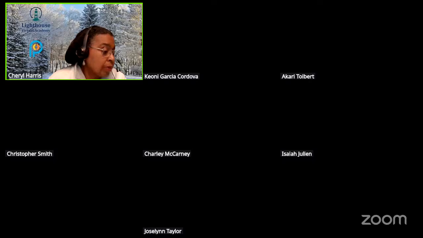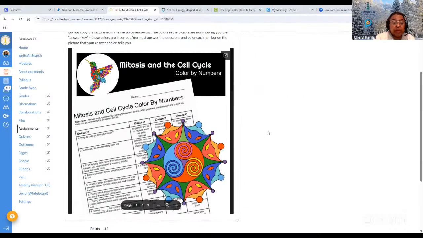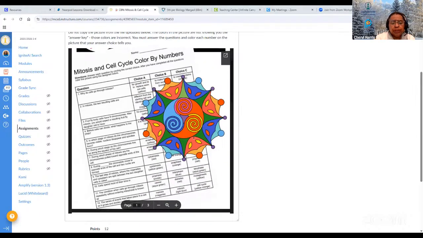Okay, so I'm going to share again what we need to do as far as the cell cycle mitosis assignment is concerned. I got 3 people who've done this already. I haven't checked to see if you did everything, but there were 3 submissions. All right, let me re-explain, because I know you had checked out. On this page, there's a coloring part to it.